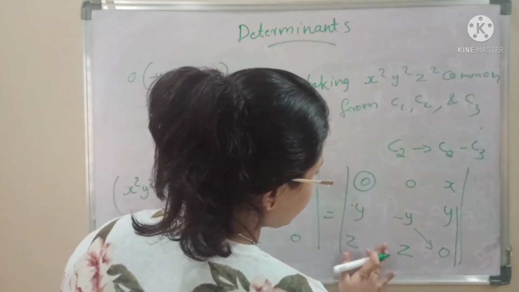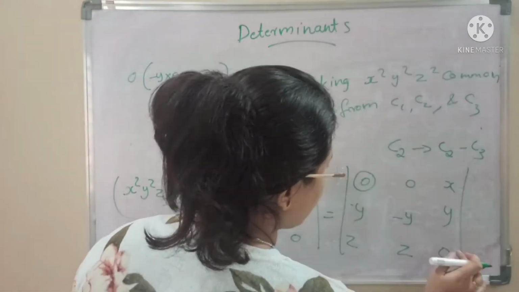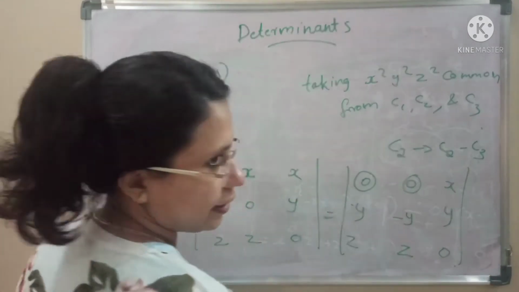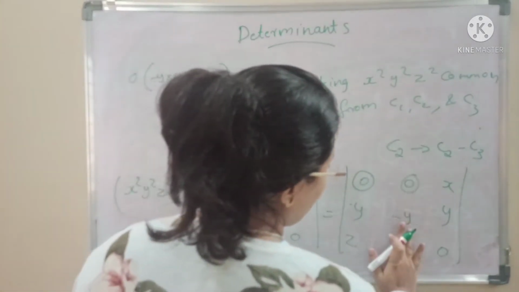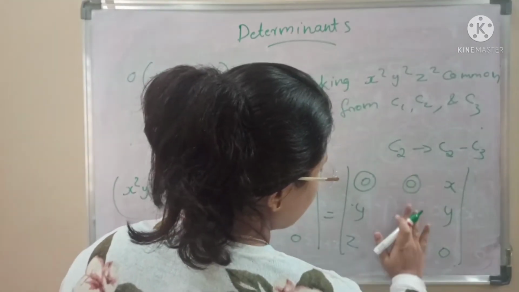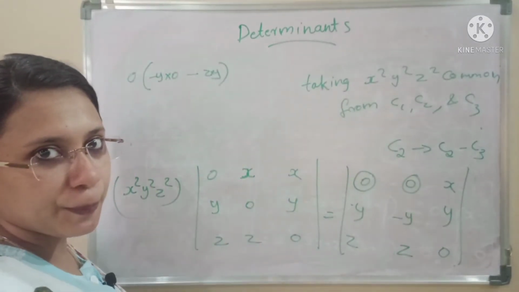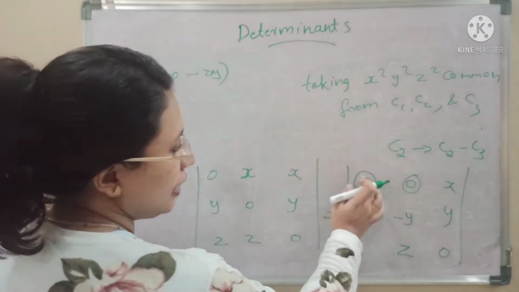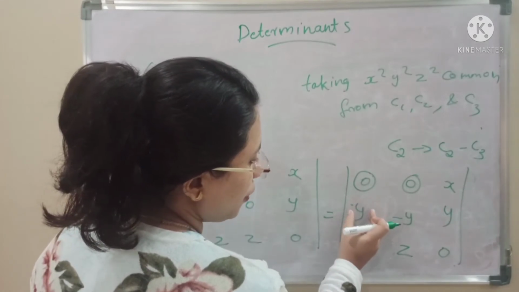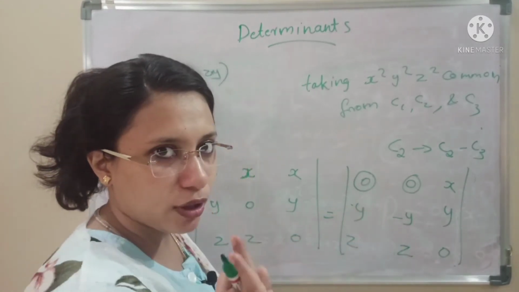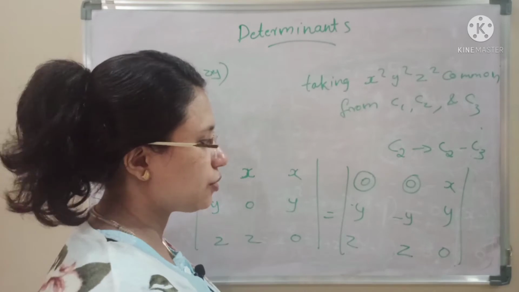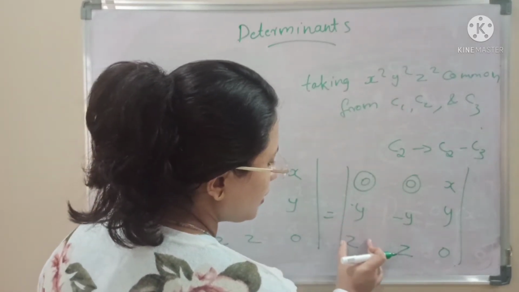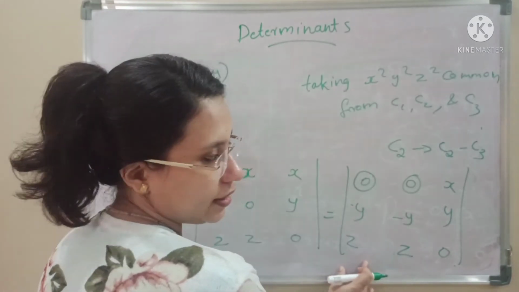Similarly, if we consider the second element, this element, we will not consider the elements in the same column. Okay, so similarly if we consider the first element 0, the corresponding column elements we will not consider. Okay, it's a trick you can keep in mind. If we consider this term, we will not consider the elements in the same column of that term.